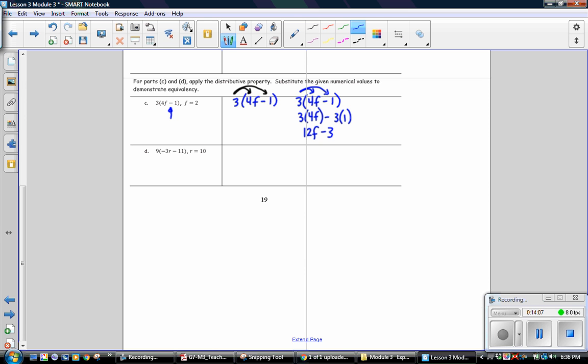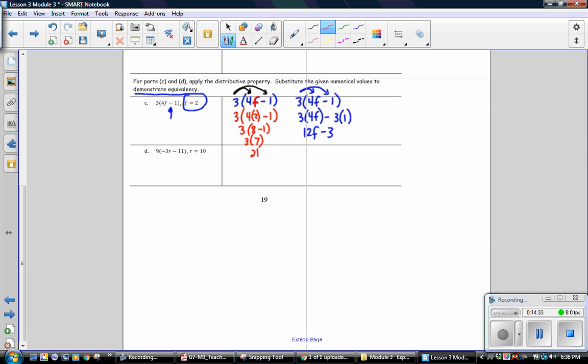Now, demonstrate equivalency by substituting f equals 2. In our original expression, 3 times the quantity, 4 times 2 minus 1. So I've replaced the f with 2. Inside your expression, 4 times 2 is 8. 8 minus 1 is 7, and 3 times 7 is 21.